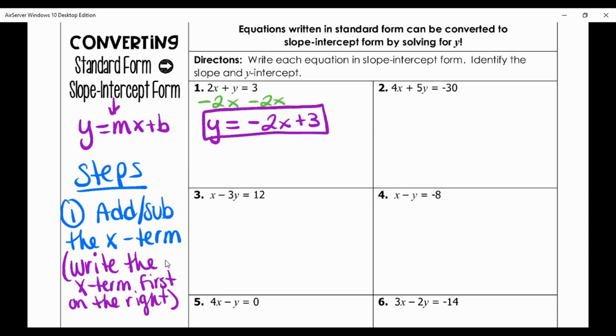Let's keep the x term first so that it's in the form y equals mx plus b. Now remember, m is your slope and b is your y-intercept. So for number 1, the slope is negative 2 over 1, and the y-intercept is at 3.